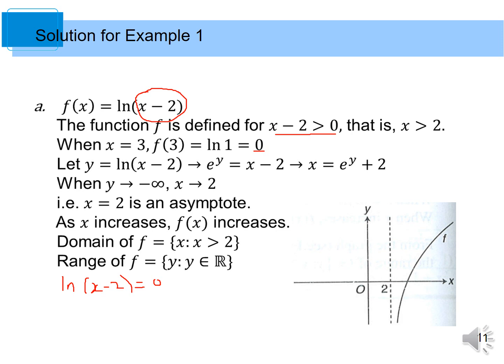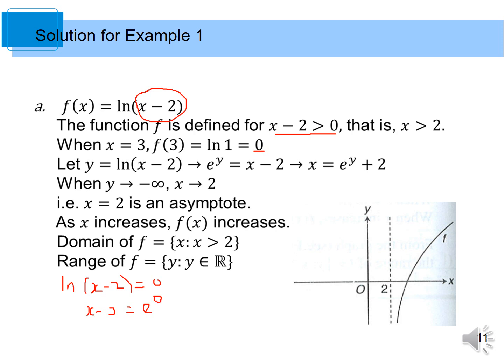To eliminate the natural log function, I use the inverse function. On both sides, I put in the exponential function. So I will have x minus 2 equal to exponent 0.